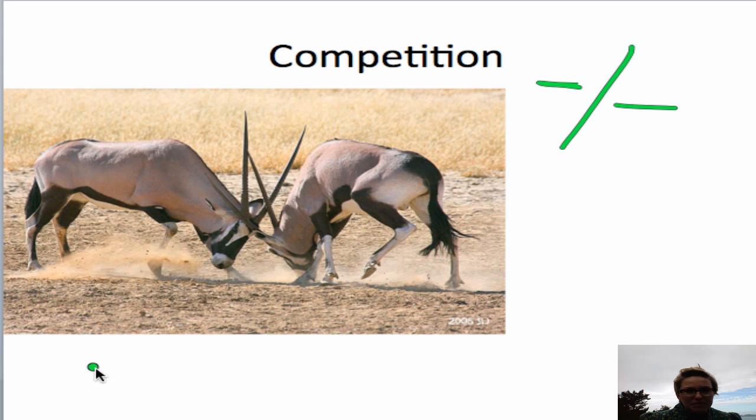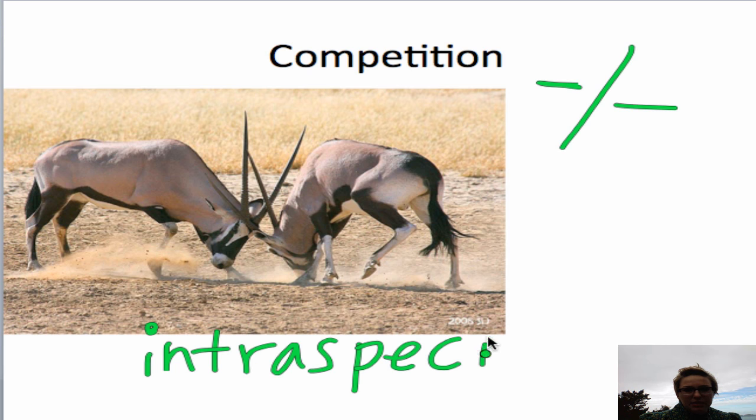And this is an example of intra-specific competition. So specific being species, and intra meaning within. So within the same species. In this situation, both kind of lose because they're fighting for a mate, or they're fighting for resources.